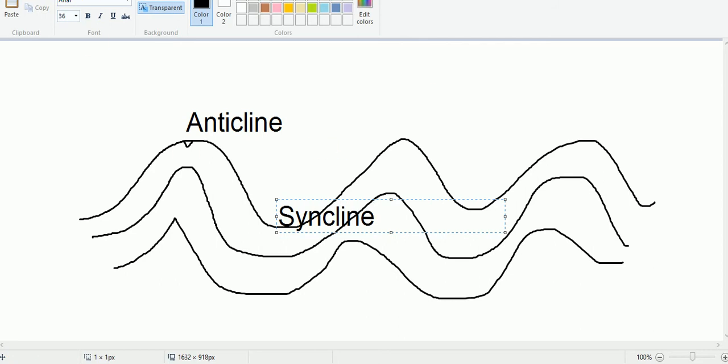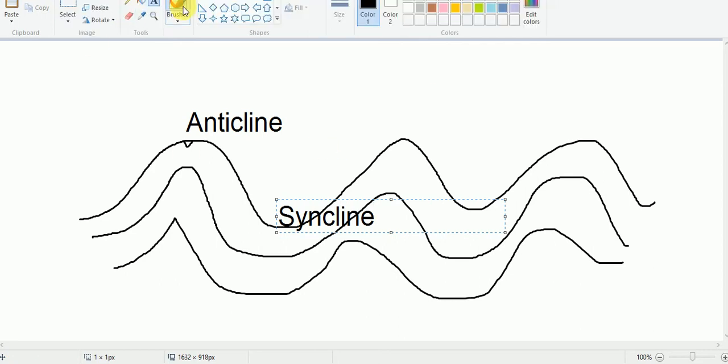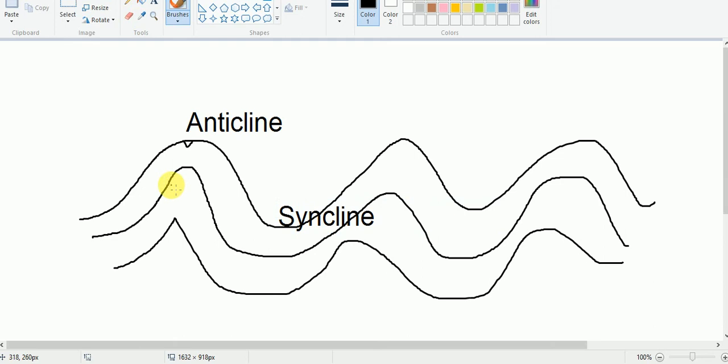And as mentioned in the book, petroleum occurs here, in the upfolds of the anticline or crest. This is known as anticline or crest, and this is known as syncline or trough, and petroleum is trapped in the upfold of these anticlines.